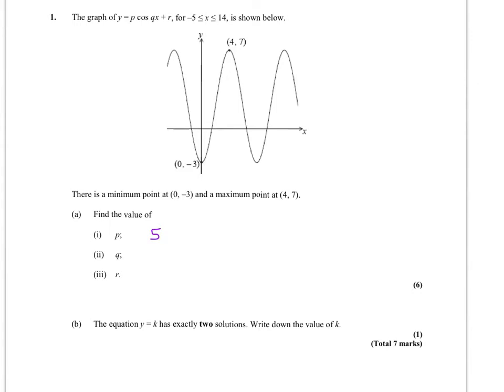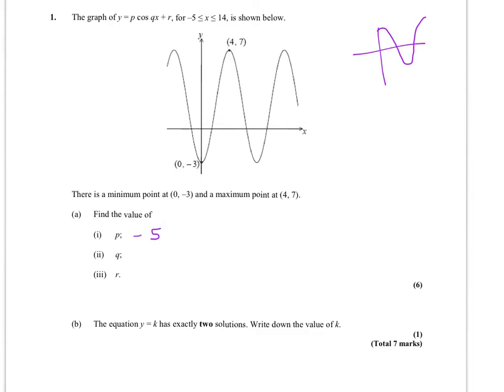Now, we do have to check and see, is there a vertical reflection? Typically a cosine graph starts at the top, comes down, returns to the top. But as we notice, this one starts at the bottom, so that means there was a vertical reflection. So our A value, or in this case P value, has to be negative. So -5.